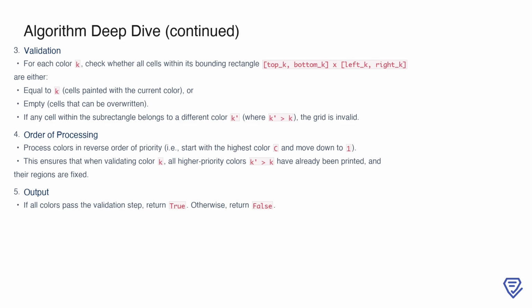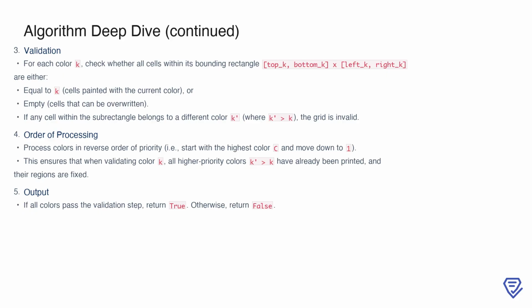If any cell within this rectangle belongs to a different color with a higher priority, the grid is deemed invalid. Additionally, we process colors in reverse order of priority, starting with the highest color C and working down to 1. This guarantees that when we validate a given color, all higher priority colors have already been printed and their regions are fixed. If all colors pass this validation step, the grid is valid, and we return true, otherwise, we return false.